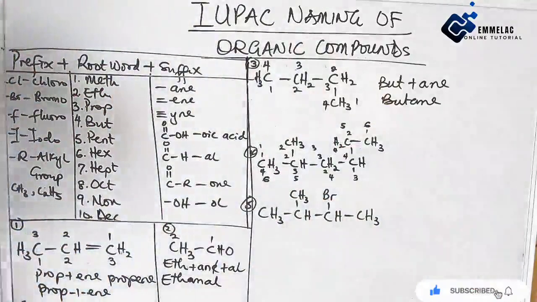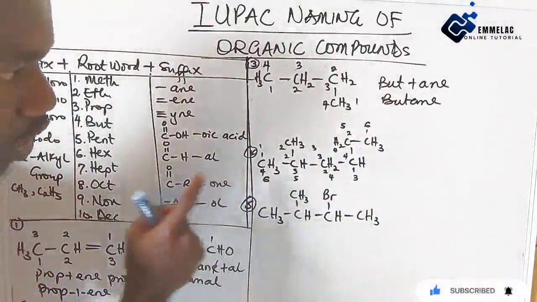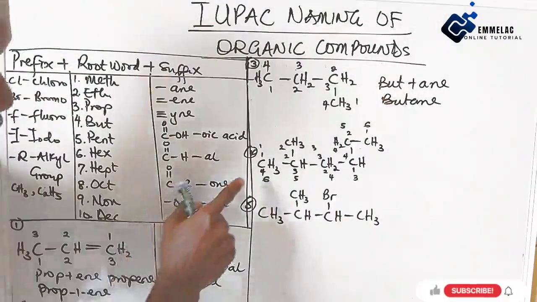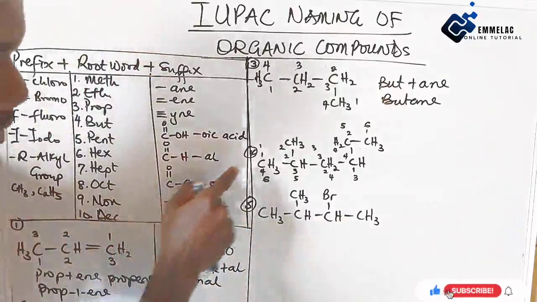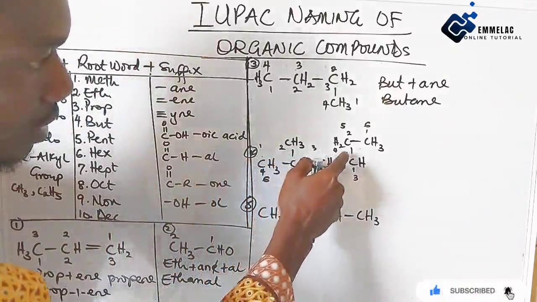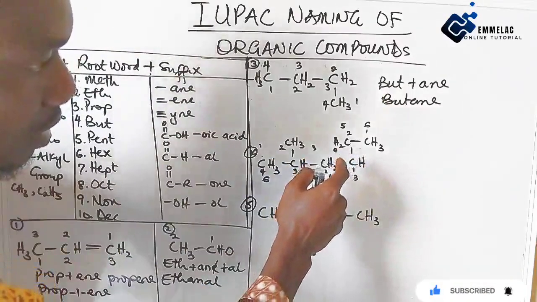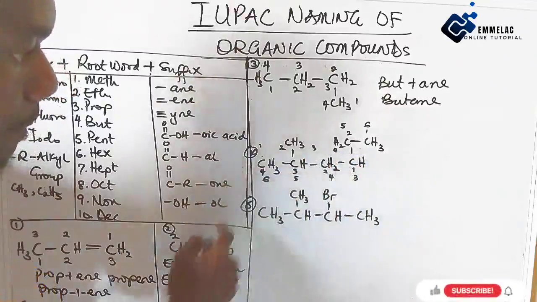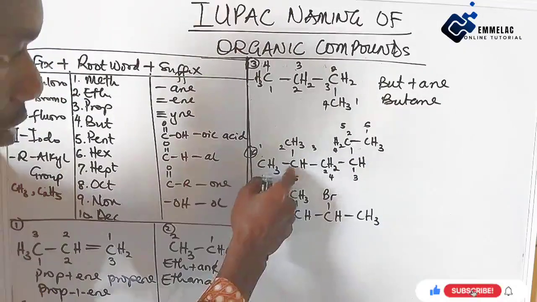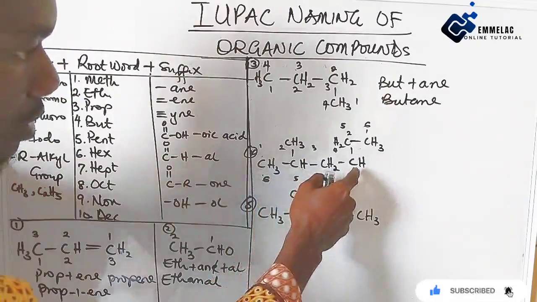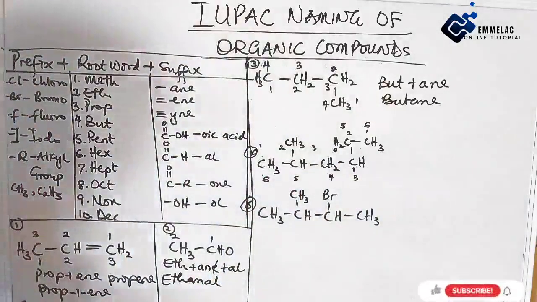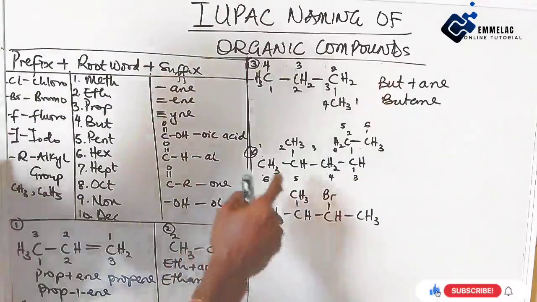You can see the longest possible chain here is 6. So either we start from here, so let us clean this up.